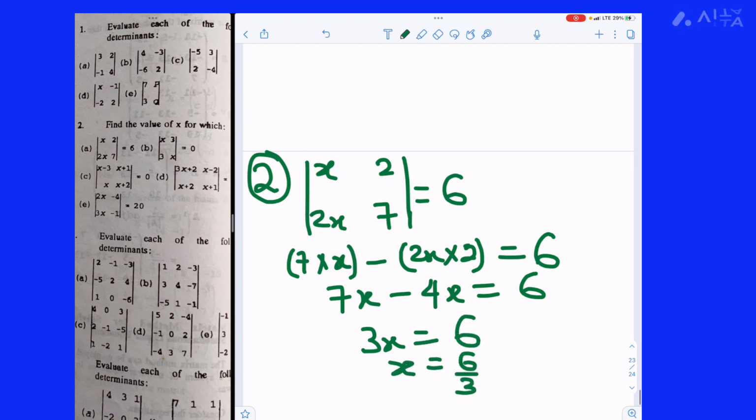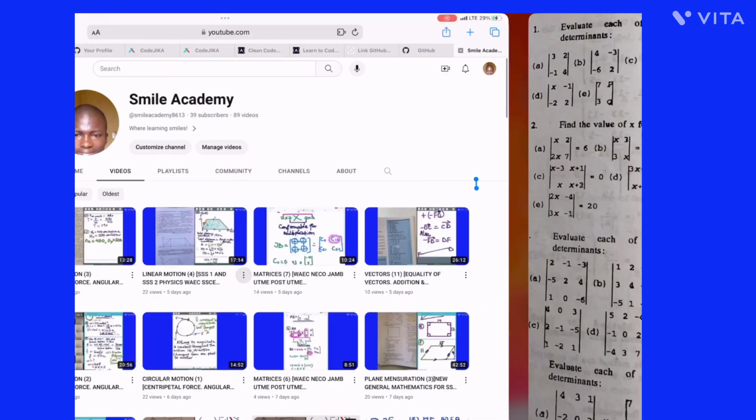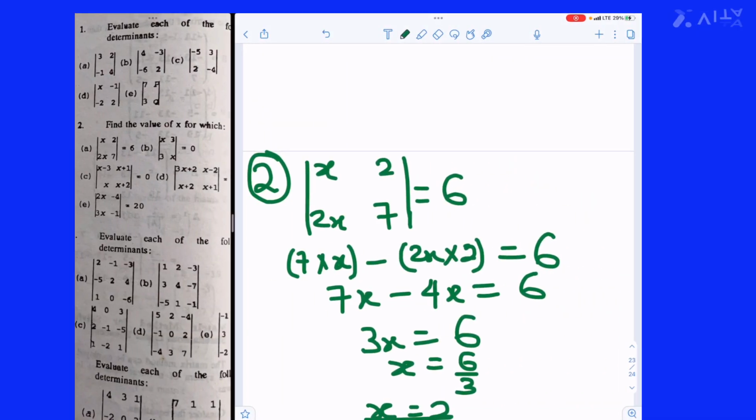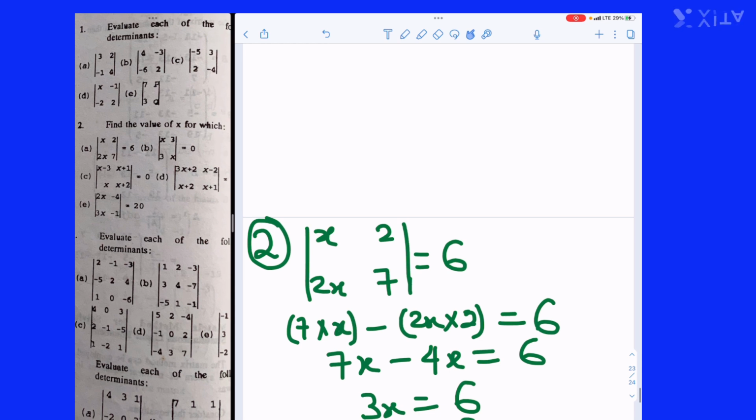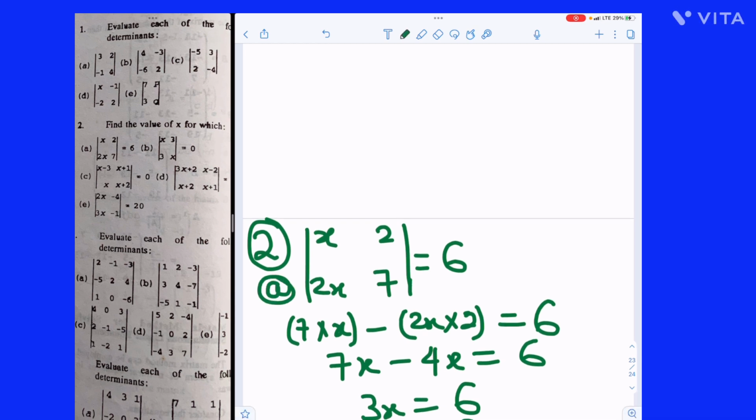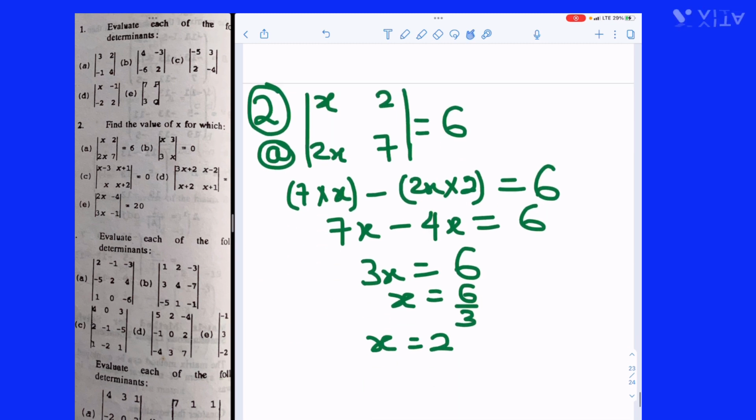X is 6 over 3. So x is 2. The value of x for which this determinant is 6 is 2. So let's go ahead and take it one by one like that. That's question 2A. Let me label it. I didn't remember to do that. Let's go to question 2B.